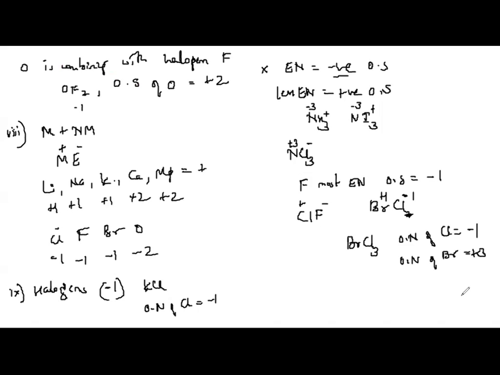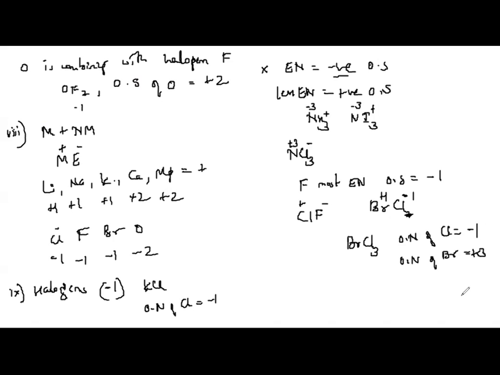If there is a bond between atoms with a difference in electronegativity, the more electronegative atom will have a negative oxidation state and the less electronegative atom will have a positive oxidation state. For example, in NH3, nitrogen is more electronegative, so it will have a negative oxidation state. Whereas in NCl3, chlorine is more electronegative, therefore nitrogen will have a +3 state.